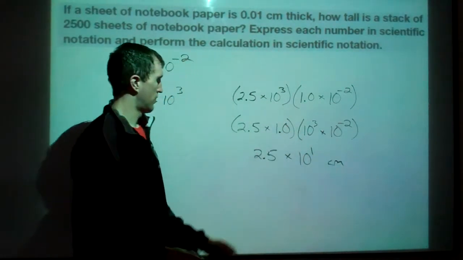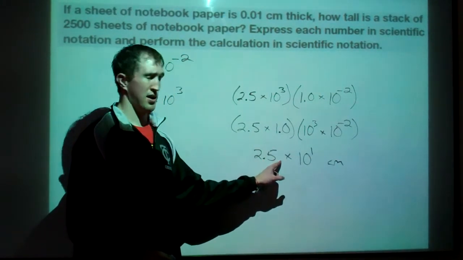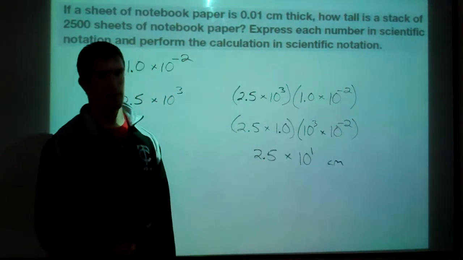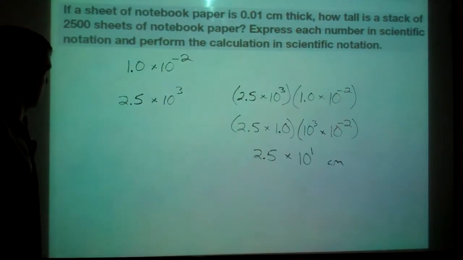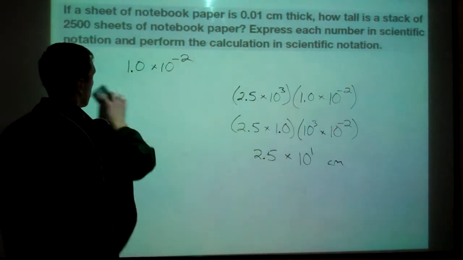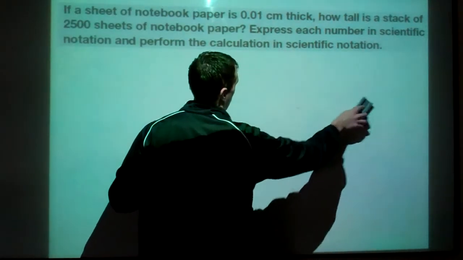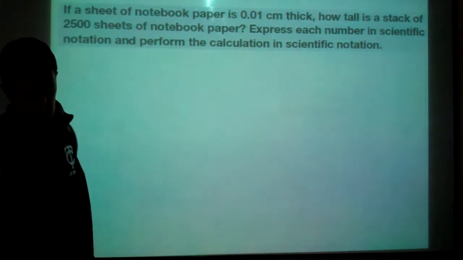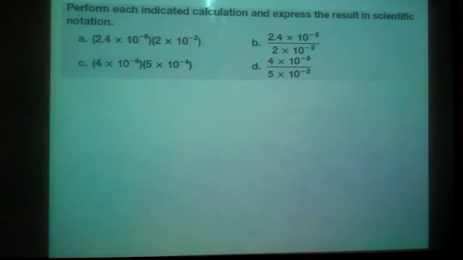If we went ahead and did this, this positive 1 tells me to move the decimal 1 time to the right. It'd be 25 centimeters tall. So there you go. And that's how they're going to have this. You'll see in the practice set, they're going to have a bunch of things that look like this.